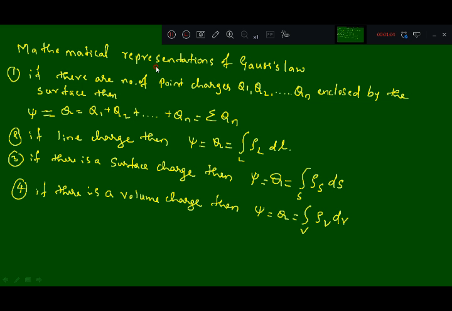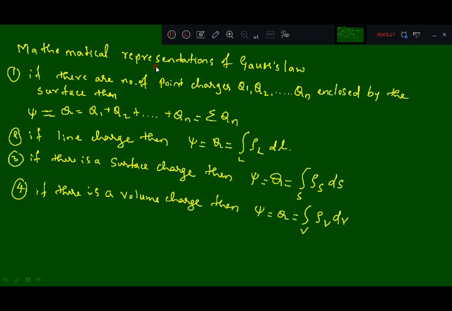Then if there is a surface charge, then the flux is given by phi is equal to Q is equal to the surface integral of rho s ds, where rho s is the surface charge density.